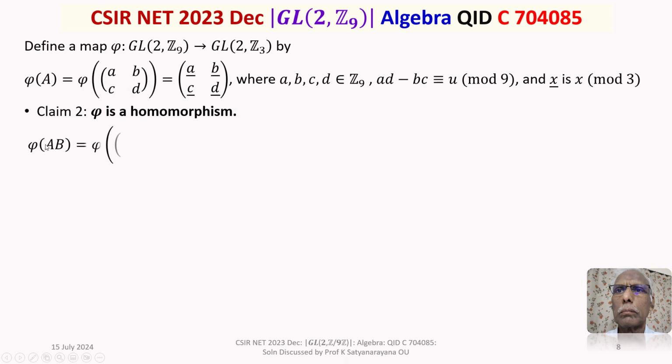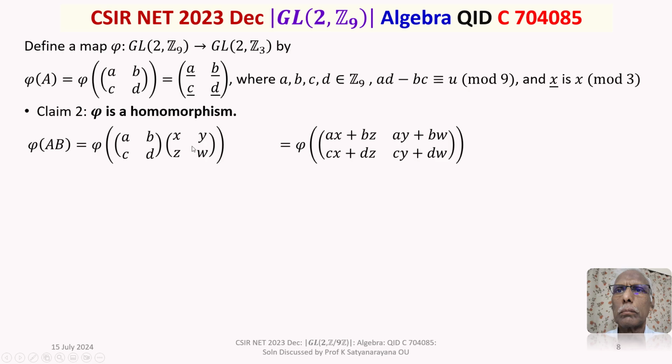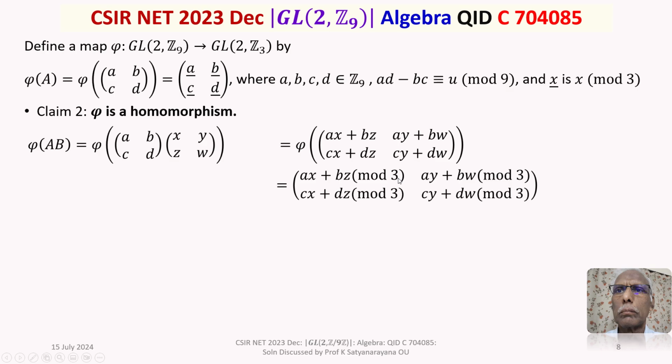Now you take phi of AB, where A is ABCD, B is XYZW. That is equal to phi of the matrix multiplication we have done here. And phi of this one is equal to AX plus BZ mod 3 and AY plus BW mod 3, that is our definition of phi, CX plus DZ mod 3, CY plus DW mod 3.